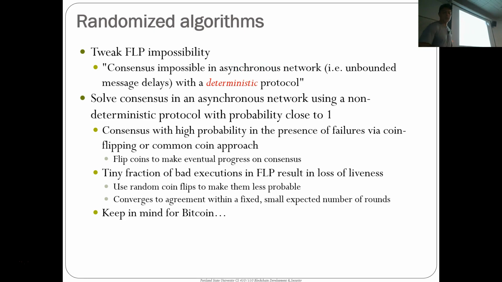Okay, so if you use random coin flips to make those deadlocks less possible, to add the randomness in there to make progress all the time, then you can converge using a small expected number of rounds rather than it being deadlocked forever. And keep this in mind for Bitcoin, because Bitcoin also has done some randomization in order to make progress.